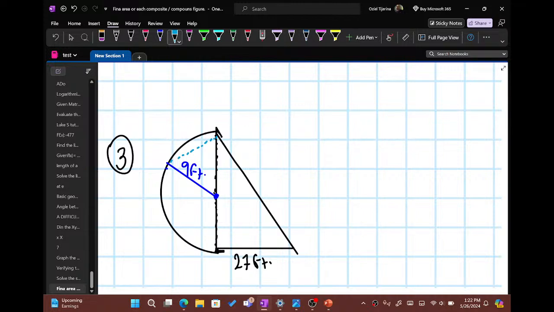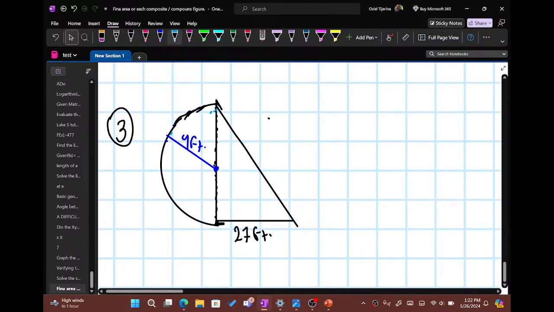I'm just explaining why I believe it is the radius, in case y'all don't understand, because it looks like an equilateral triangle there. Now, let's see. So this has to be the radius.